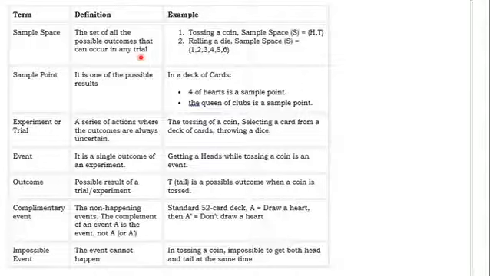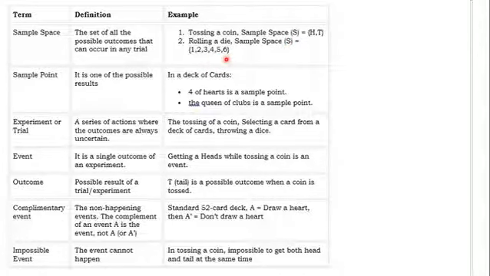Those are the 2 options that are possible. For example, if you roll a die, then the sample space would be 1, 2, 3, 4, 5, and 6, because those are all the possibilities. So tossing a coin, the sample space is head and tail. You have it right there.